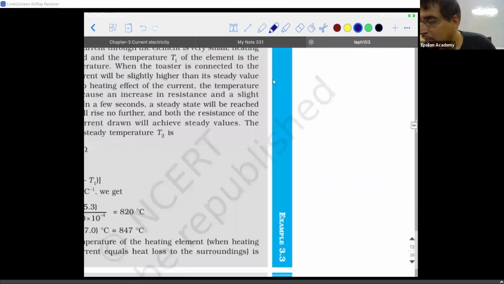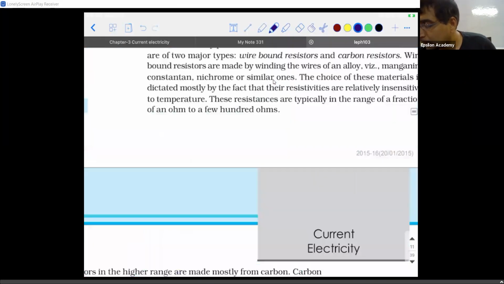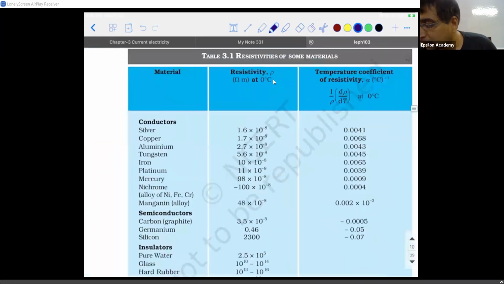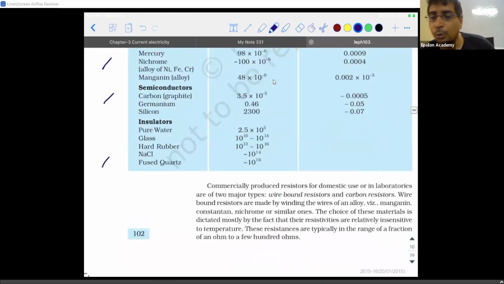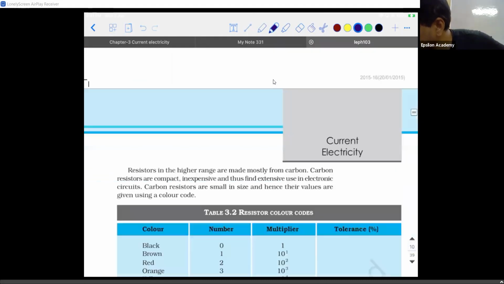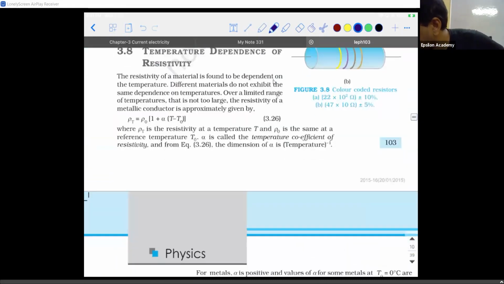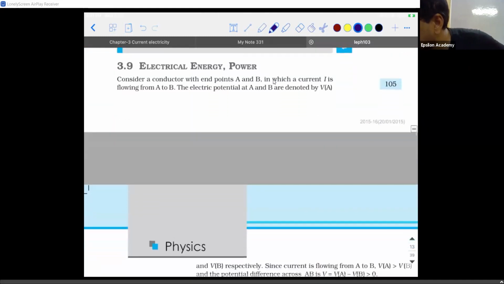See, you need not memorize all these tables and values. They'll give it to you in the exam. Don't worry about it. You just need to know how to apply it. So, next I'll discuss electrical energy and power.